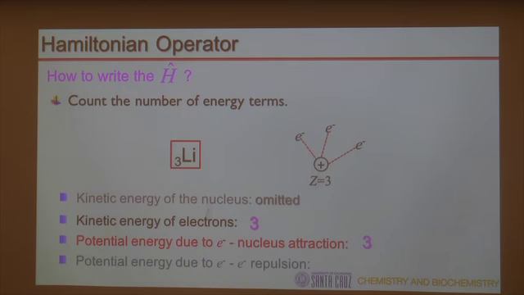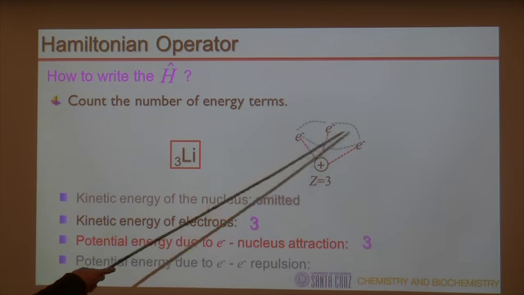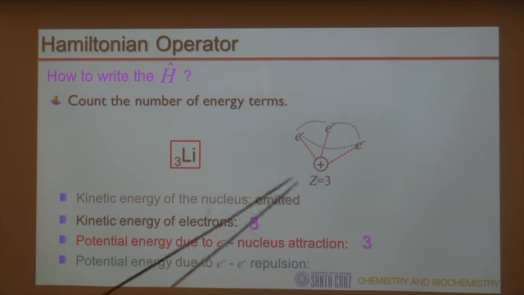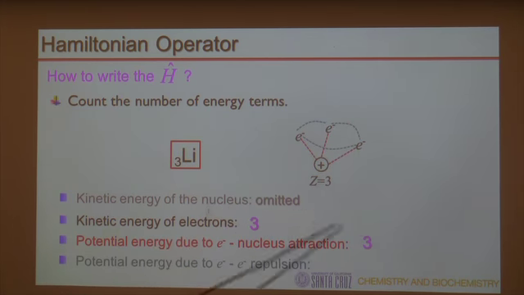This is a little bit hard, okay. If we label the electrons 1, 2, 3, actually we have 3 pairs of repulsion. So 1-2, 2-3, and 1-3. Okay, so we also have 3 pairs. That's the first step you need to do.